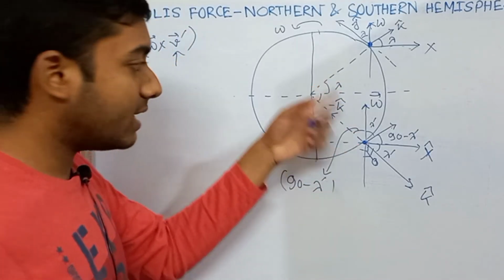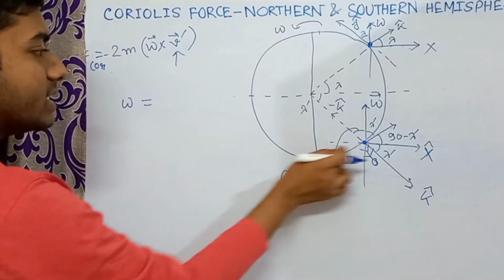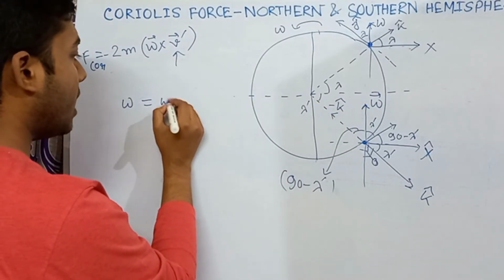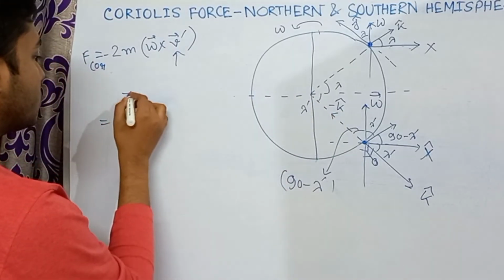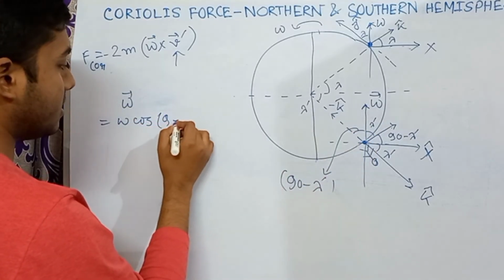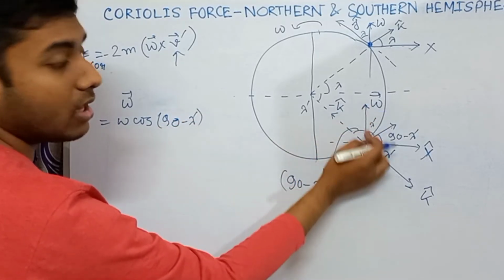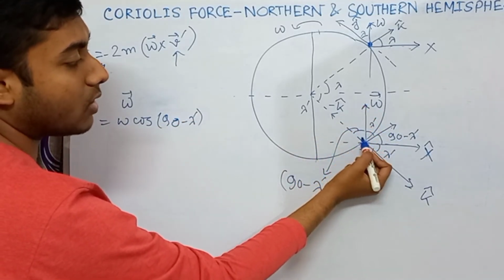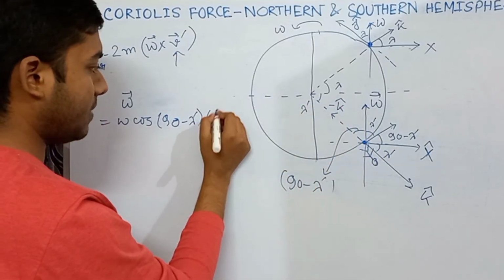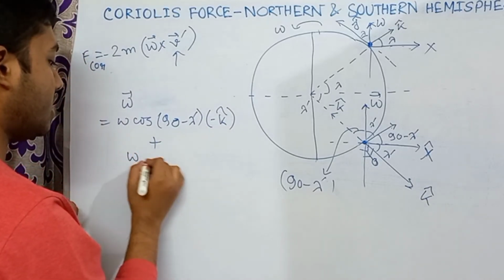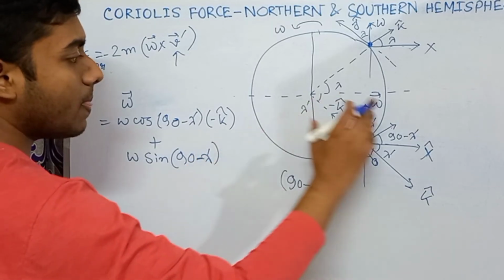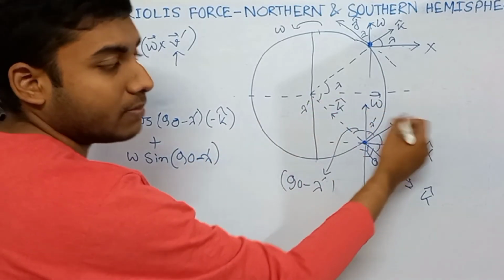So here I can write the expression of omega as the component along this side, omega cos of this angle, 90 minus lambda dash, suppose omega cos theta in this direction, minus k cap, plus omega sine of the angle 90 minus lambda dash in the perpendicular direction, that is this.